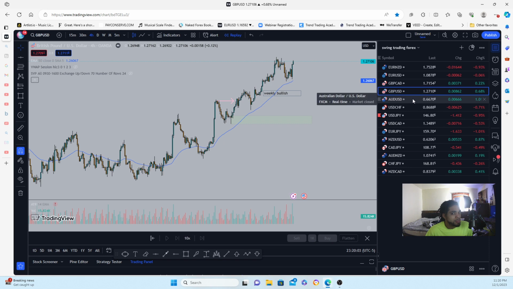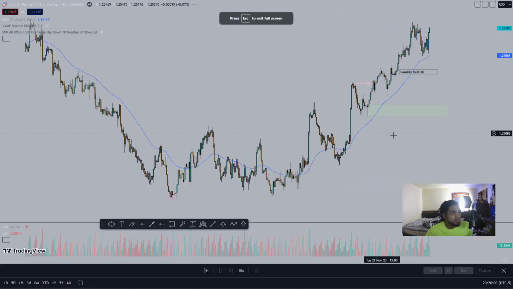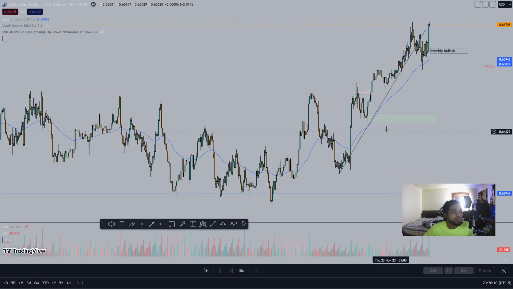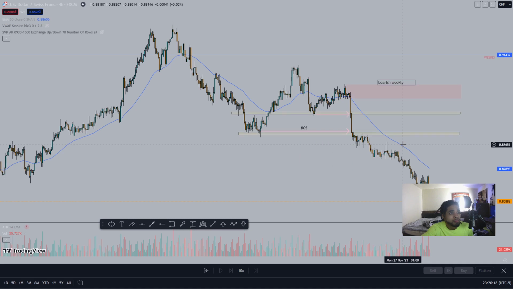GBP USD. Aussie US dollar. US dollar Swiss.